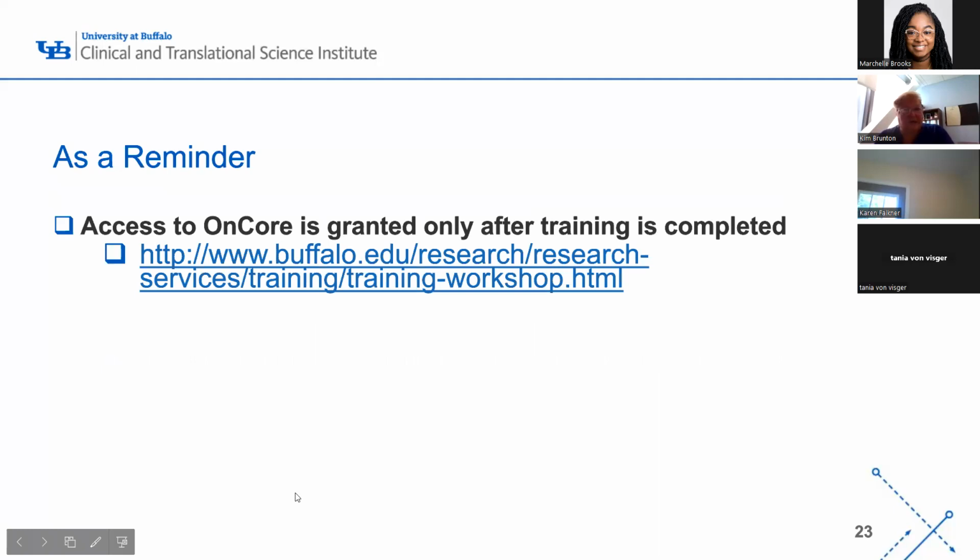Just as a quick reminder, you don't have access to OnCore until you've undergone the training, and the training takes one of two forms. It's either summary accrual, or summary accrual plus the full patient or subject management for full studies.